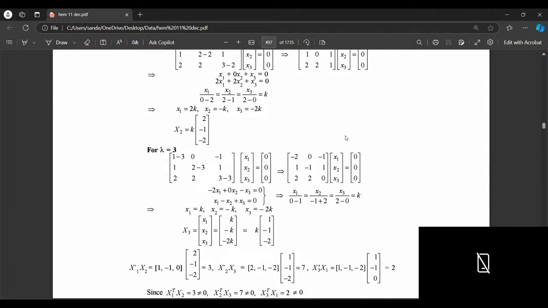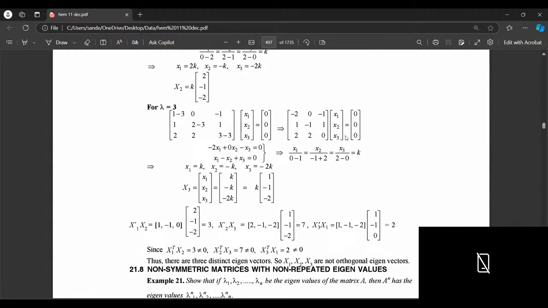But every product we are getting is non-zero. So what does it mean? x1, x2, x3 are three distinct eigenvectors that are not orthogonal.